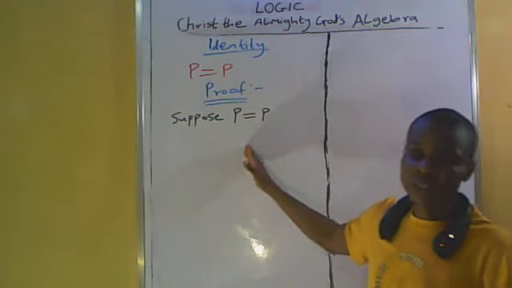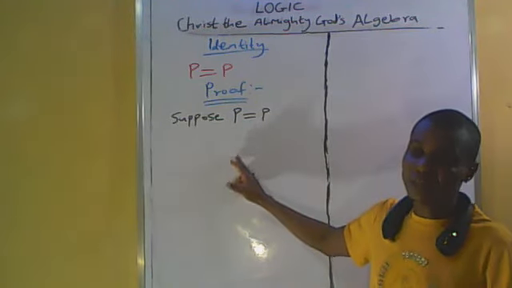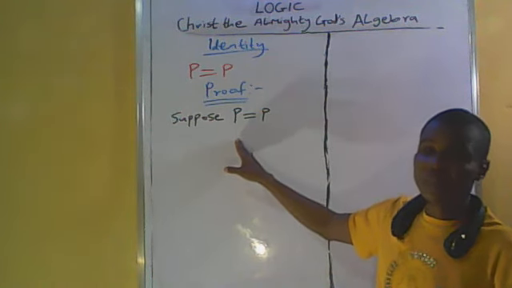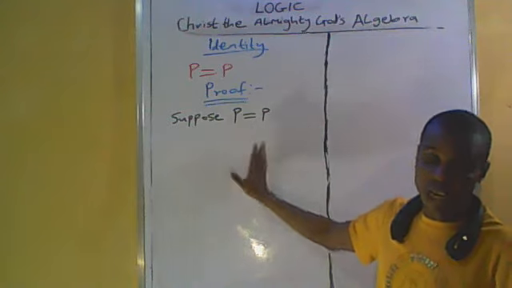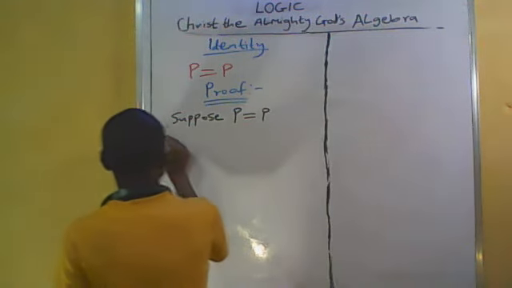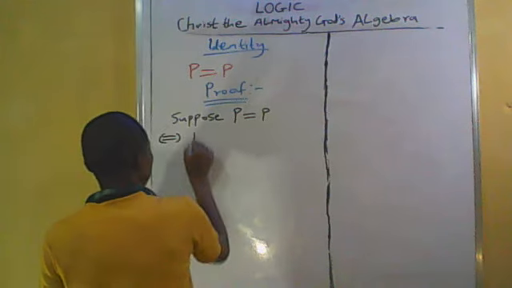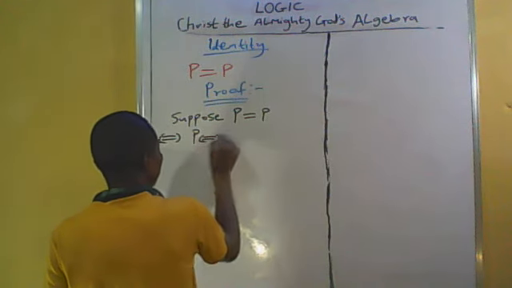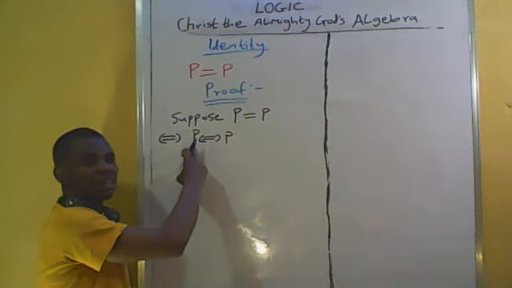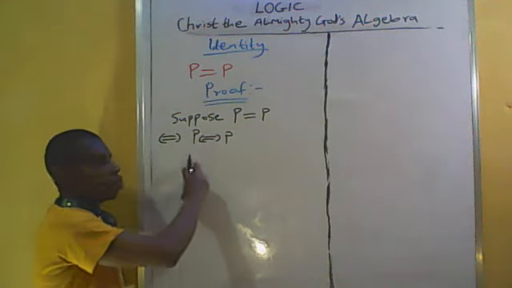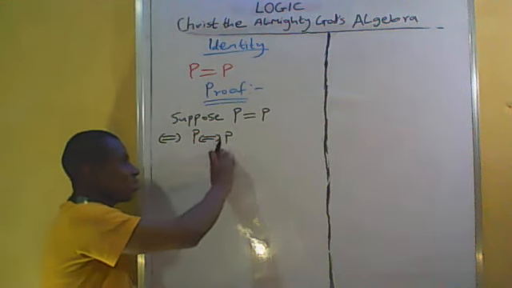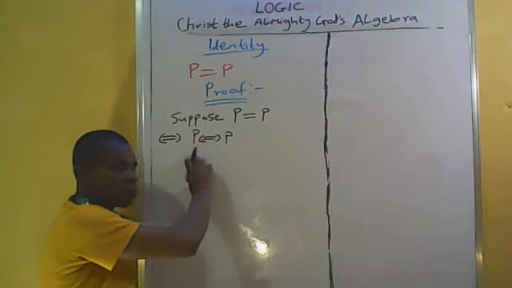Since it's logical equivalent, we can transform it to biconditional statement, and it will still return the logical equivalent. P if and only if P. We find out that whenever the left side is true, also the right side is also true. In the same vein, whenever the right side is false, also the left side is false.